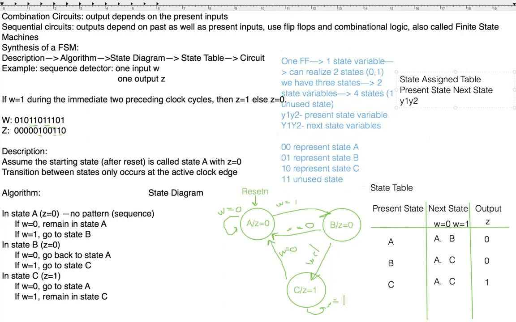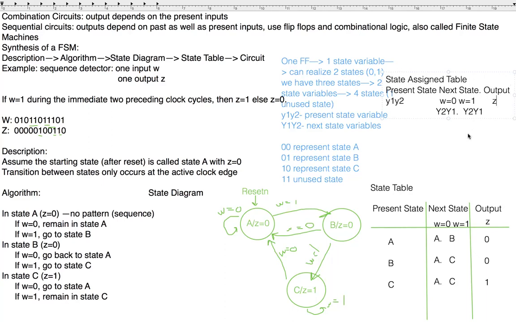And remember, our next state is dependent on w 0 versus w 1. And then therefore, we can say y2, y1 going down from the most important, Y2, Y1. And then here we're going to have finally the output, which is going to be z.